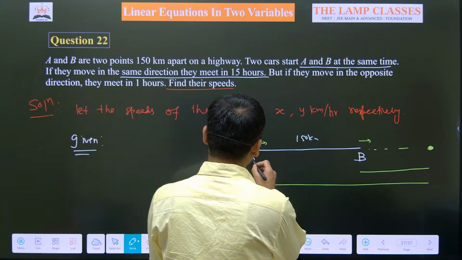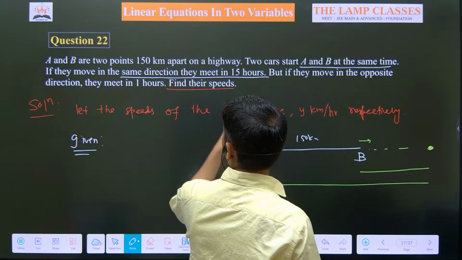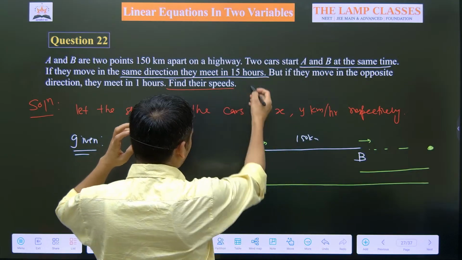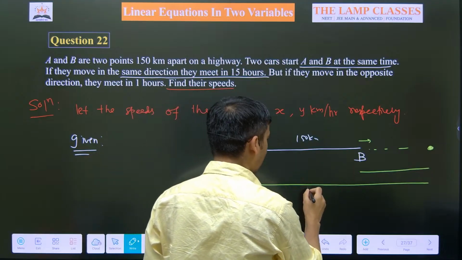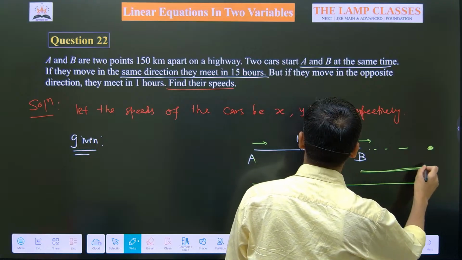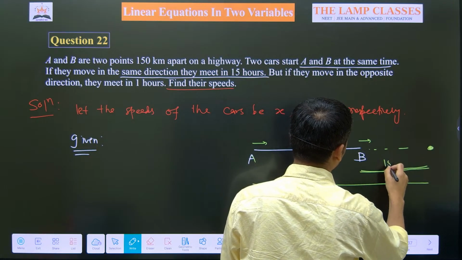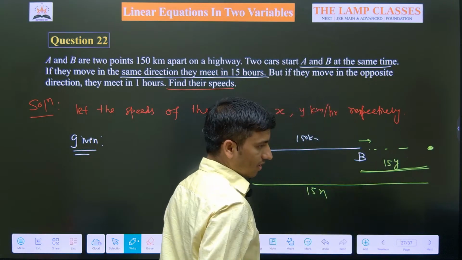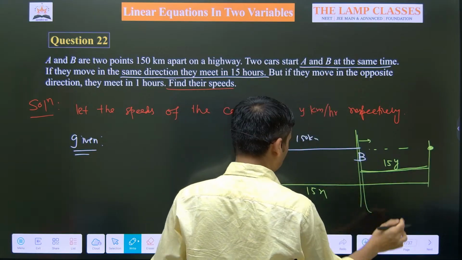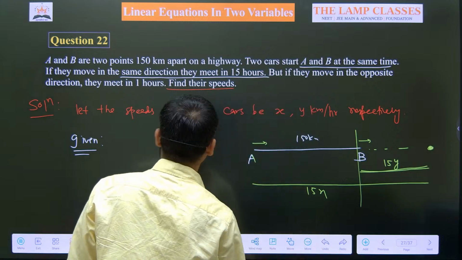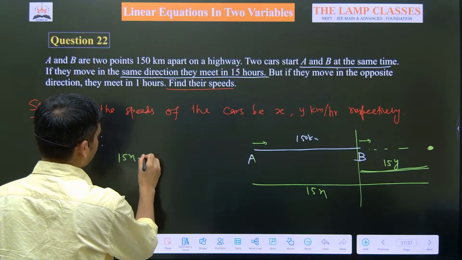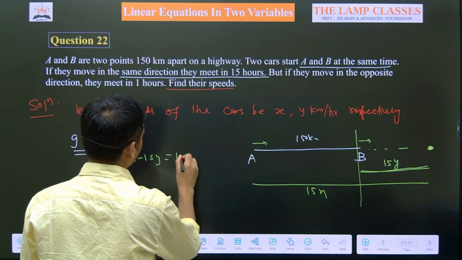If the speed of the first person is x kilometer per hour and they take 15 hours, A will travel 15x and B will travel 15y. So can we say 15x minus 15y is equal to 150?